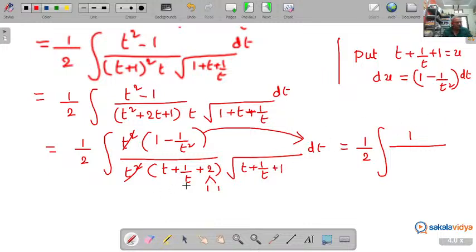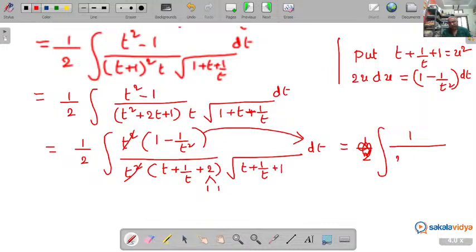So here this total part is equal to, u square means 2u du. Okay, 2u du means this 1 by 2 will be cancelled.